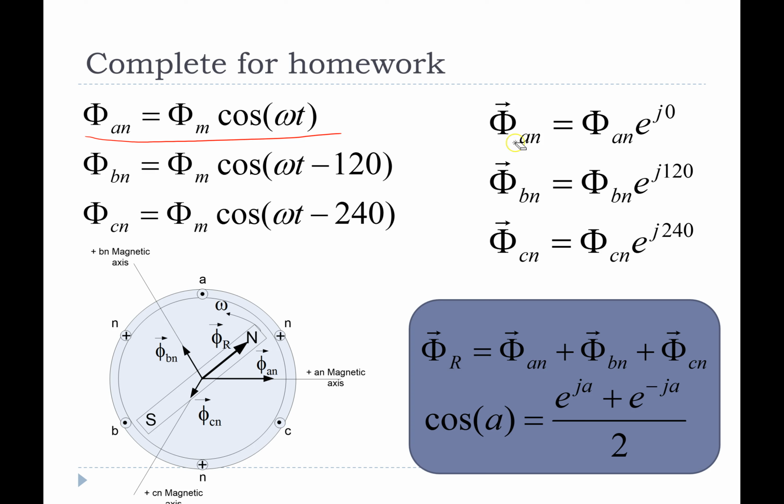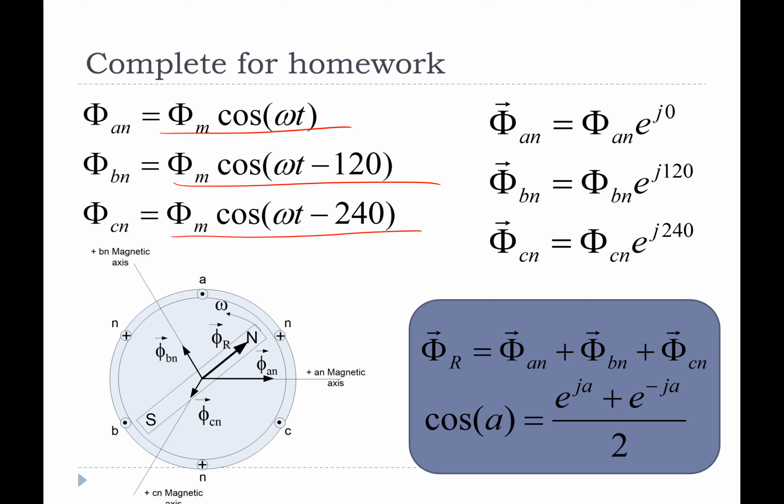So here we have three fluxes which are generated by the currents in each winding: phi m cosine omega t, phi m cosine omega t minus 120, and phi m cosine omega t minus 240.